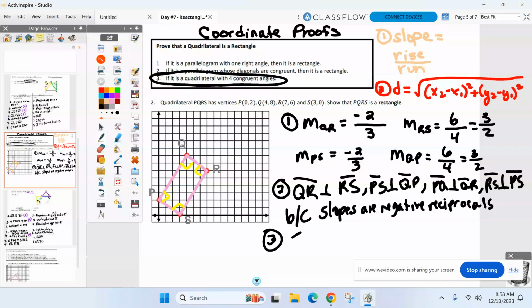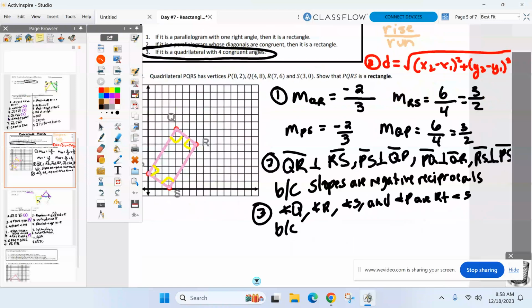So here we go. Angle Q, angle R, angle S, and angle P are right angles. Because, and again, I don't want to hear because slopes are negative reciprocals. I've used that.